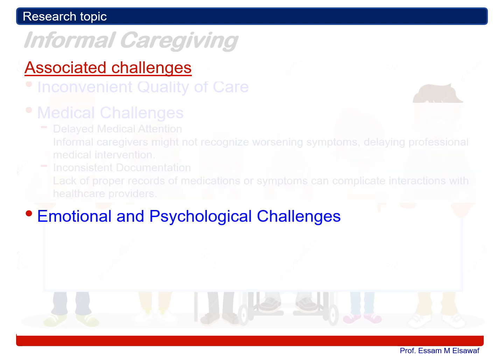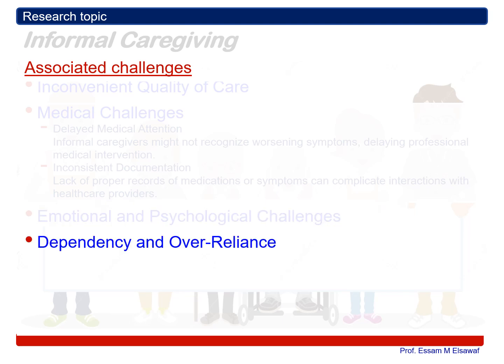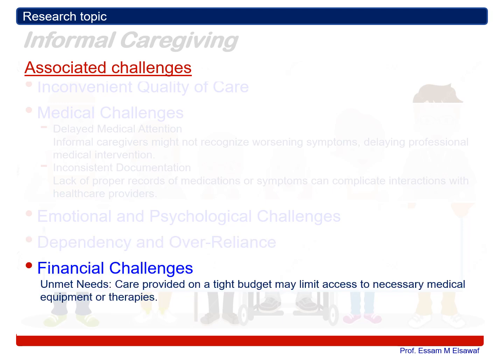Such patients may become completely dependent on such informal caregivers, like hijama. Financial challenges, unmet needs. I will pay a lot of money to unqualified persons with inconvenient quality of care, with a lot of medical challenges, and I'm not sure about the outcome of such treatment or handling or manipulation of my health problem.